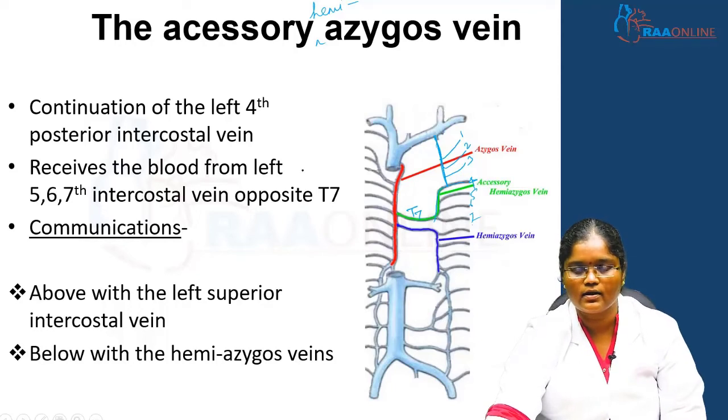So on the left side it is split, it is not a continuous vein. On the right side it is a continuous vein, whereas on the left side from above downwards you have the left superior intercostal vein, accessory hemiazygos vein and the hemiazygos vein. So all these veins finally drain on the right side, because in order to drain into the SVC, they drain into the azygos vein, which in turn drains into the superior vena cava.